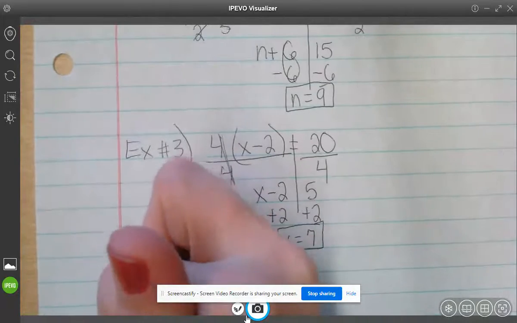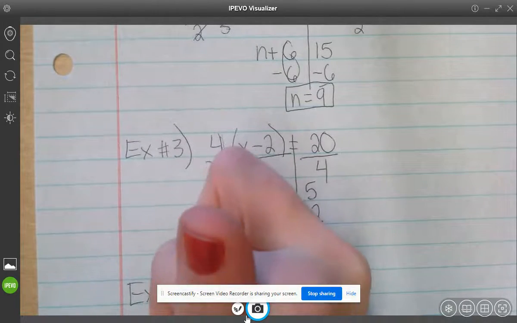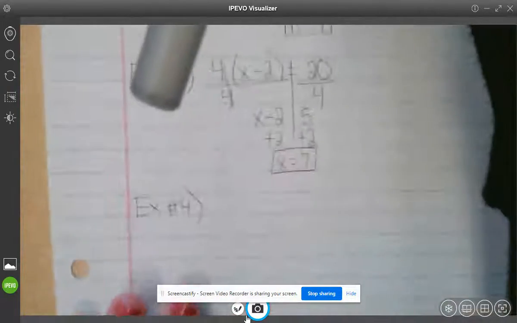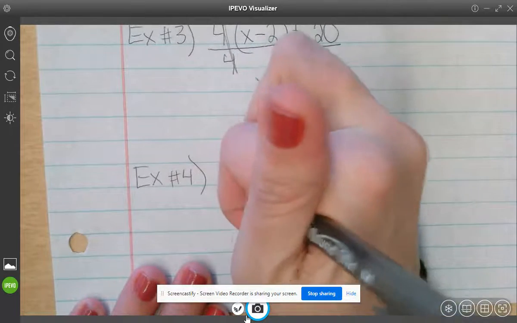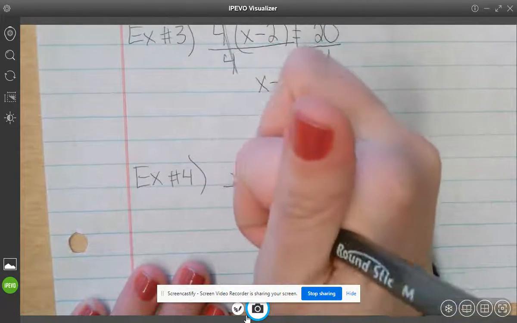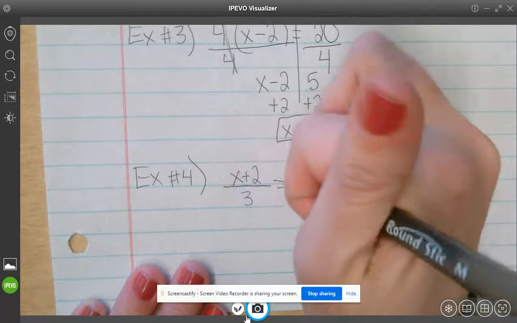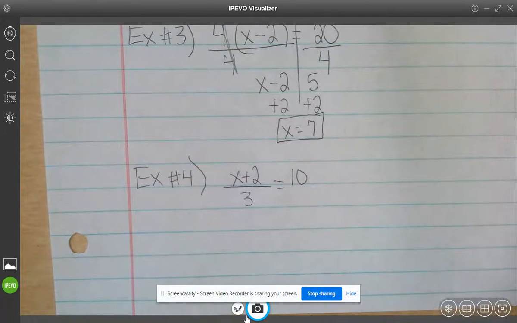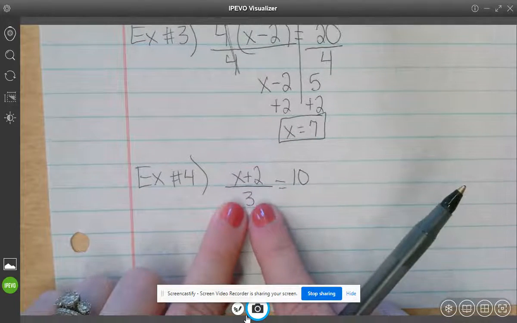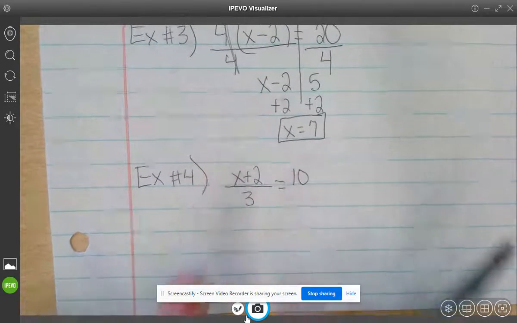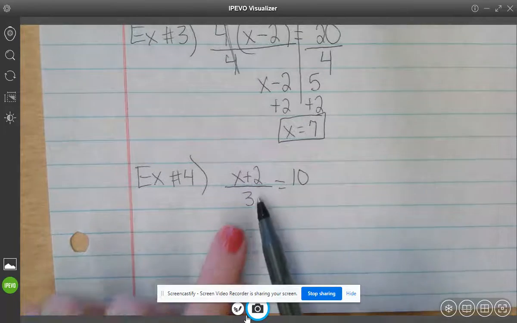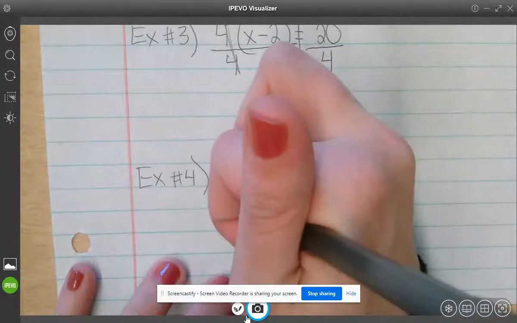Okay, example number 4. We got a different type of example now. You have x plus 2 divided by 3 equals 10. So this time, which number is not directly attached to x? It's going to be the 3 because x and 2 are on the top together. So how do I get rid of a number that's being divided? I multiply it.